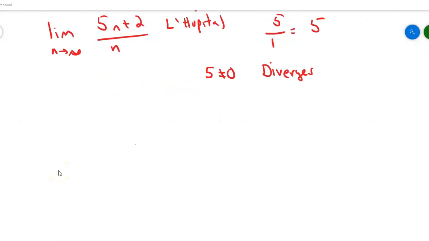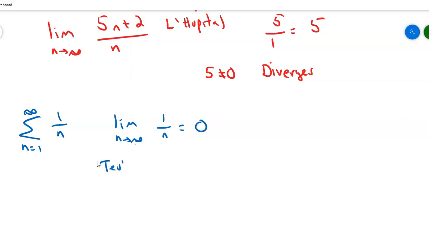All right, let's take a look at another case. Let's look at the sum from n equals 1 to infinity of 1 over n. Now, we've seen this one before, but let's take a look at it now using the nth term test. We're going to look at the limit of the nth term as n approaches infinity, which is the limit of 1 over n, and we get 0.